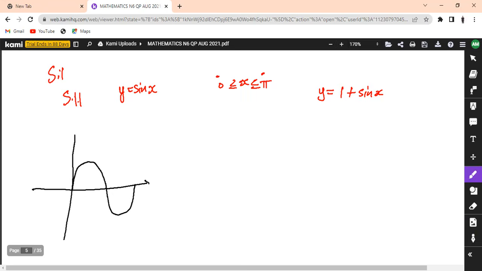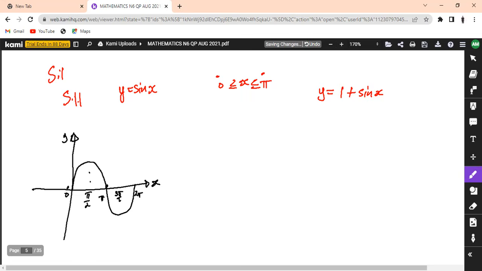This is the graph of sine x, where this is 0 here, and at this value it corresponds with pi over 2, and this is pi. We've got 3 pi over 2, and this is 2 pi. In this case, we just need from 0 to pi. That is the part that we need.